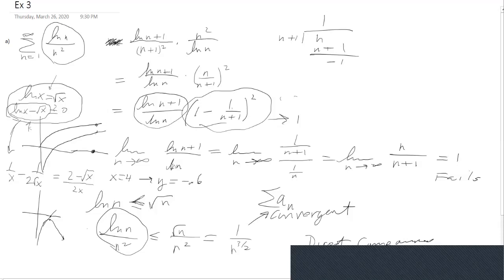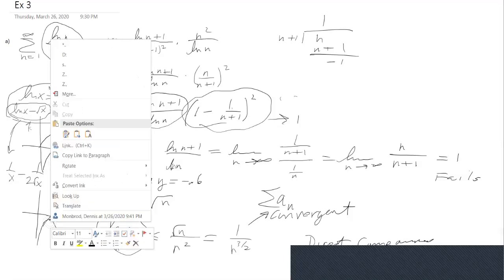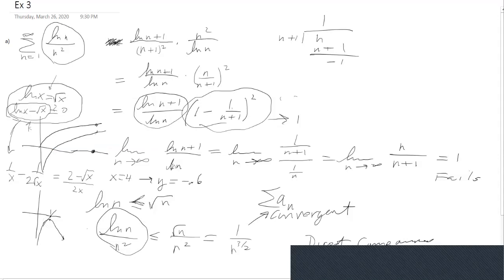So there's a point here at 4, but it's below the x-axis, so it's down here. So if it's coming up like that, then the only other thing left would be to show that it is in fact a maximum, as we suspect it is.